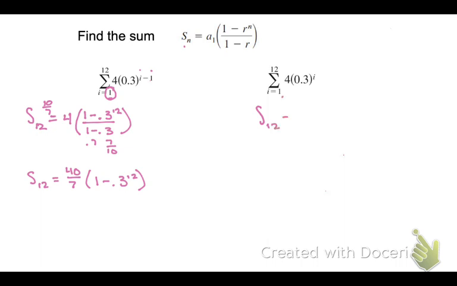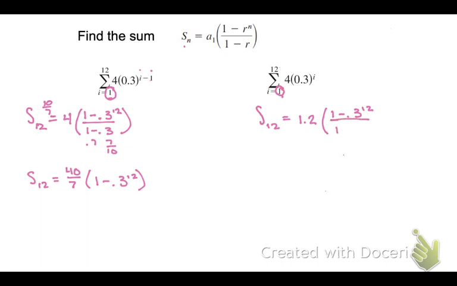Okay, equals a sub 1. We find a sub 1 by plugging in the lower limit. So if I plug in the lower limit, I get 0.3. So 0.3 times 4 is 1.2. Now, is anything else going to change over here?